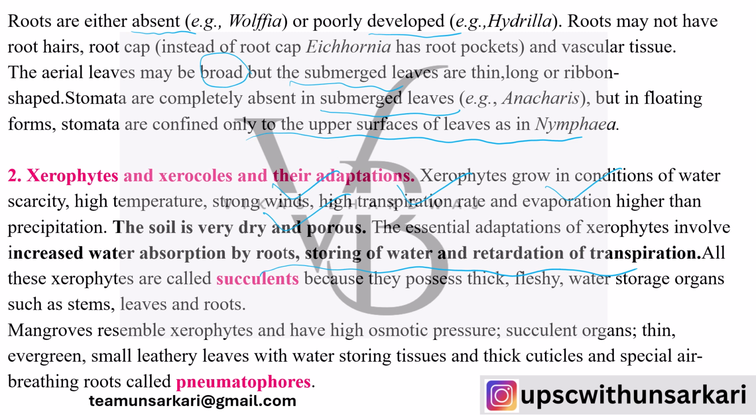They have to do this somehow. So many xerophytes are called succulents because they possess thick, fleshy water storage organs such as stems, leaves, roots. They have to save water. Mangroves resemble xerophytes and they have high osmotic pressure, succulent organs, thin evergreen, small leathery leaves with water storing tissues and thick cuticles, and special air breathing roots called pneumatophores.